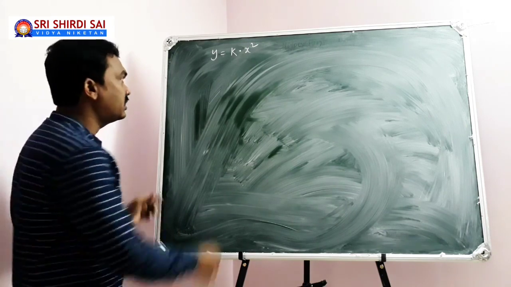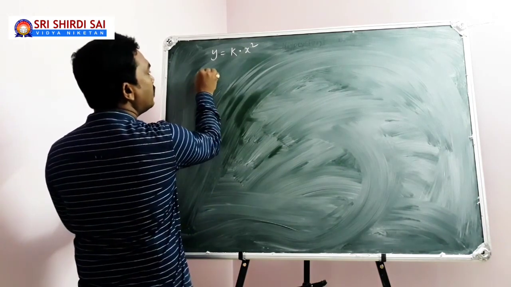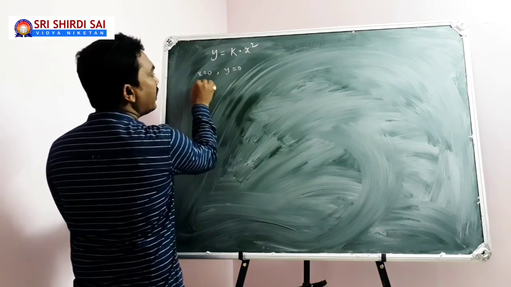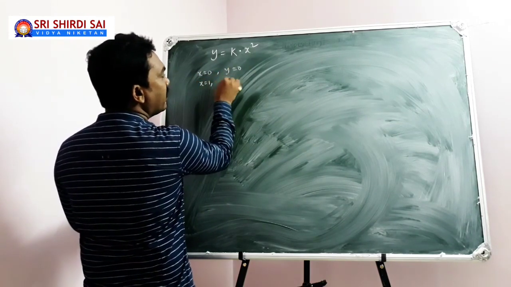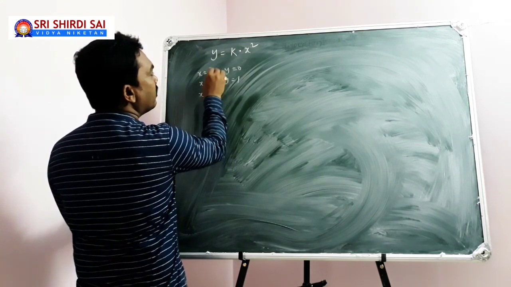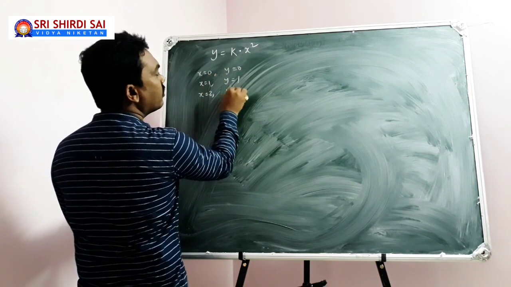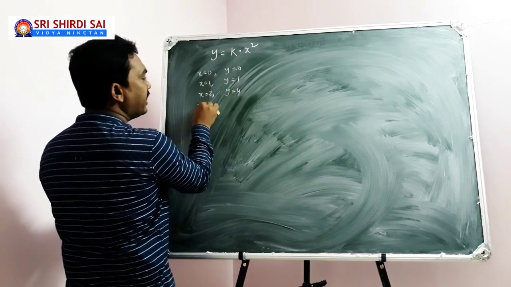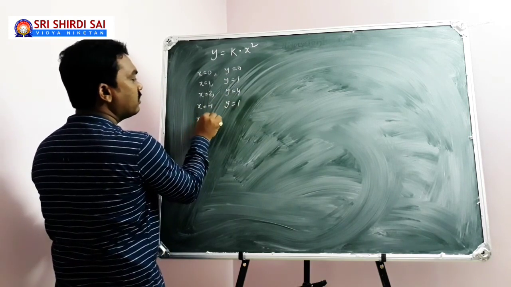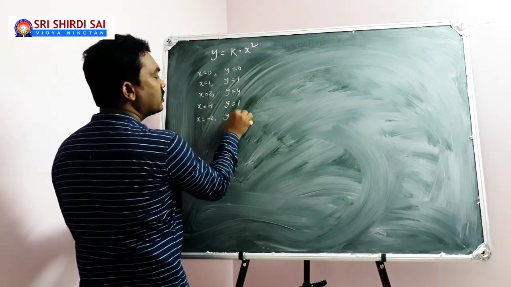Let me explain in detail. Here if x equal to 0, then y equal to 0. If x equal to 1, y equal to 1. If x equal to 2, then y equal to 4. If x equal to minus 1, y equal to 1 itself. If x equal to minus 2, y equal to 4.